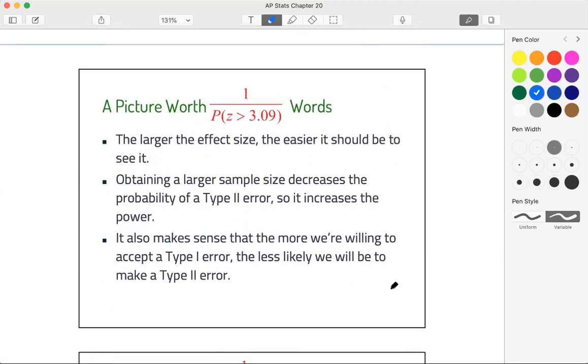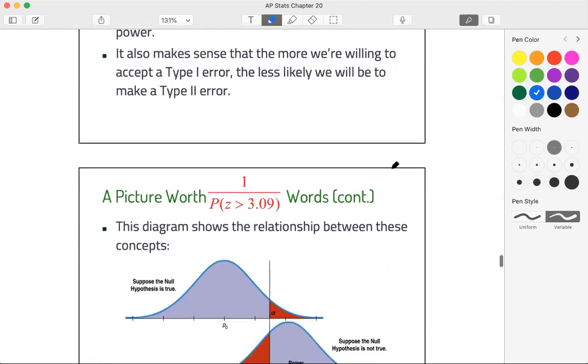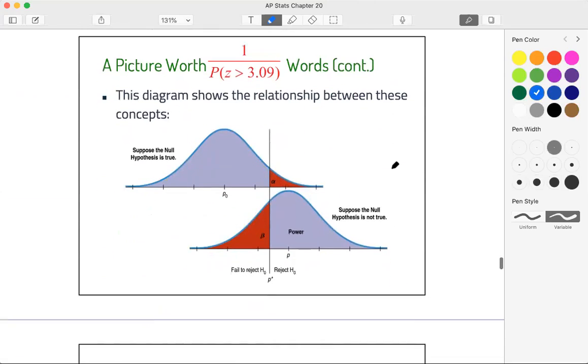A picture is worth 1,000 words. The larger the effect size, the easier it should be to see it. Obtaining a larger sample size decreases the probability of a type 2 error, so it increases the power. It also makes sense that the more willing we are to accept a type 1 error, the less likely we'll be to make a type 2 error. This diagram shows the relationship between these.